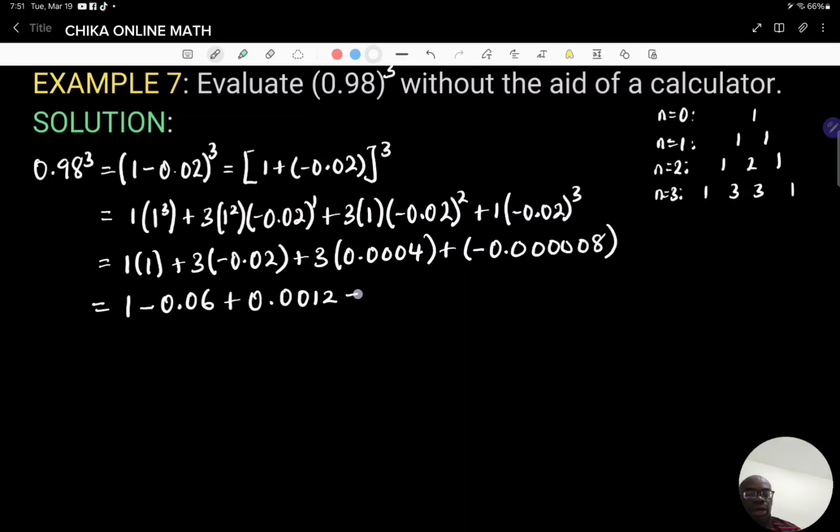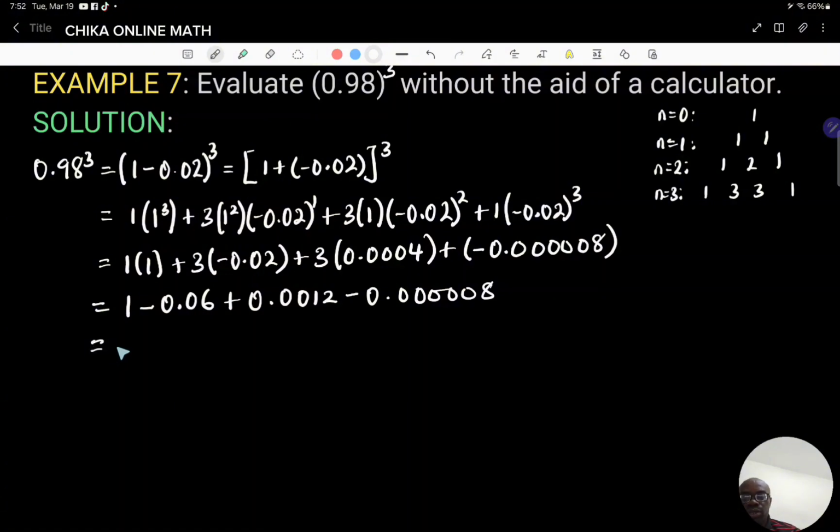then minus 0.000008. To add the numbers, we add the positive ones, then subtract the negative ones.